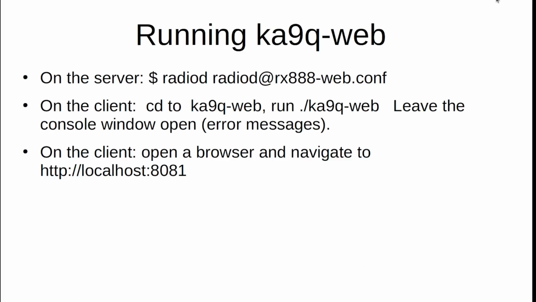And we'll leave the console window open to collect error messages. And then finally on the client, we'll open a browser and we'll navigate to http://localhost:8081, which will allow us to visualize the wideband spectral display.